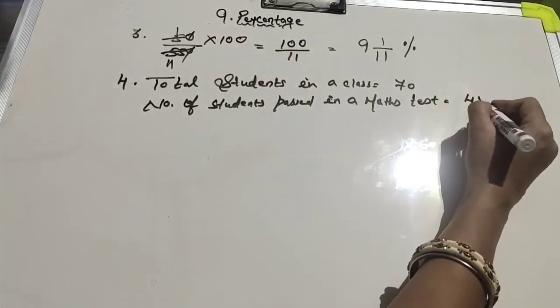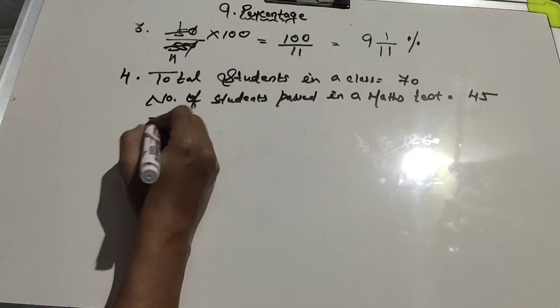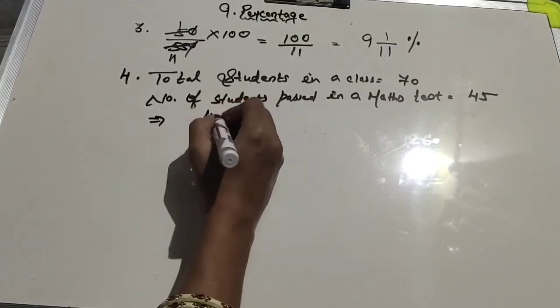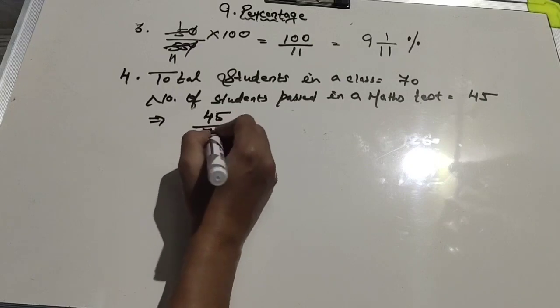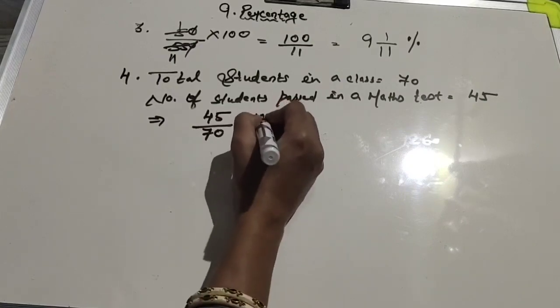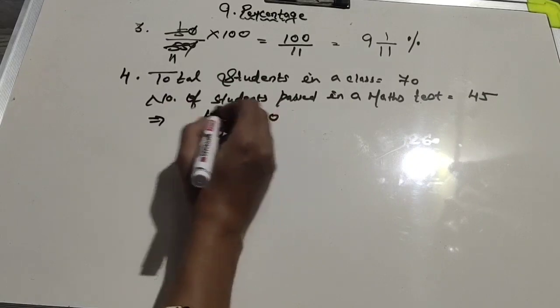Simply, 45 passed students out of total 70, so 45 by 70, because here we will find the percentage, so multiply with 100.